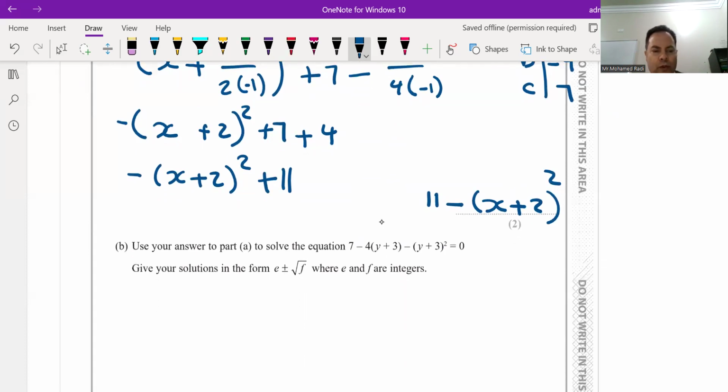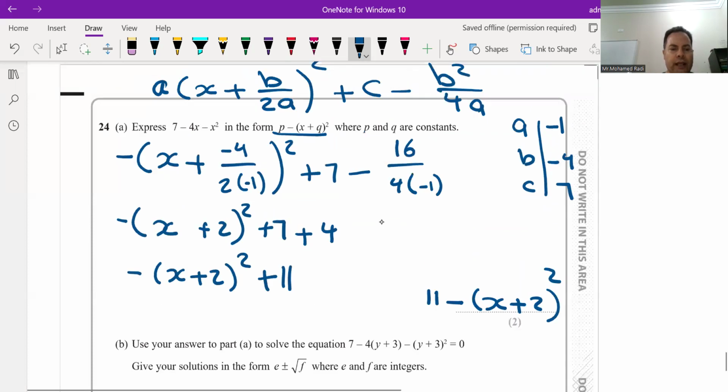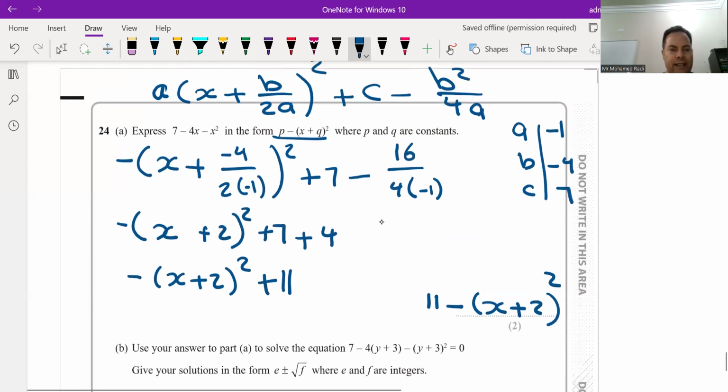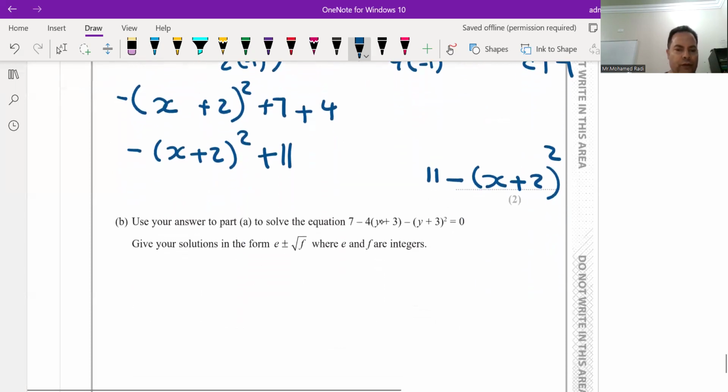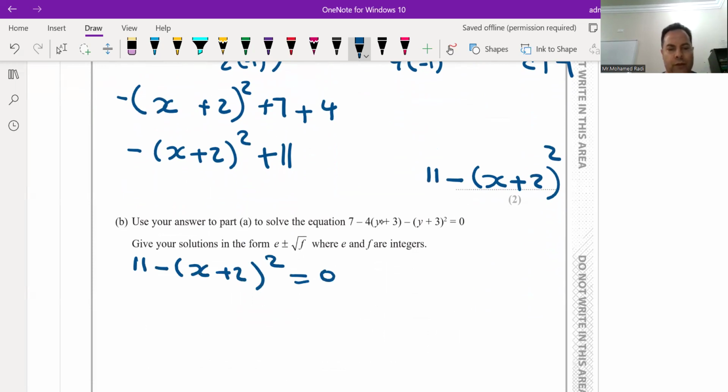Use your answer to part a to solve the equation. Looking at this equation, it's exactly the same after replacing. If you solve the equation 11 minus x plus 2 the whole squared is equal to 0, then remove x and write y plus 3, you will solve the equation.